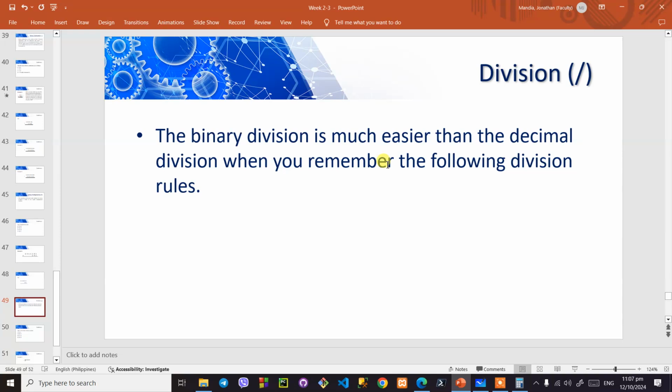Then the last part would be the subtraction. So three processes. In multiplication, there are two processes: multiply, then addition. Here it's a bit more complicated because of the three processes: divide, multiply, then subtract. I hope you're following this pre-recorded video so you understand.